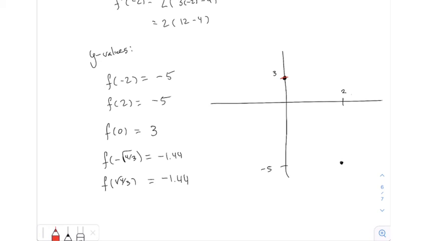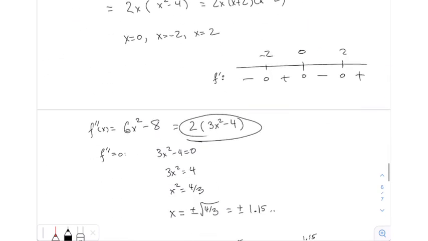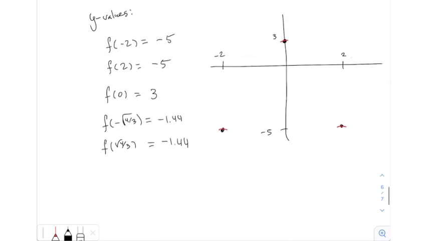I'll put a little line there. F of negative 2 is also negative 5. Also a critical number. And then f of root 4/3, which is something like 1.15, that would be around here, I guess. Root 4/3. That value is negative 1.44. So right here. And then I also get this one right here for the negative root of 4/3.